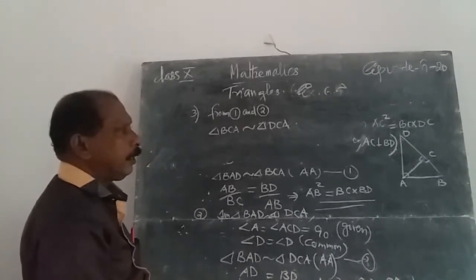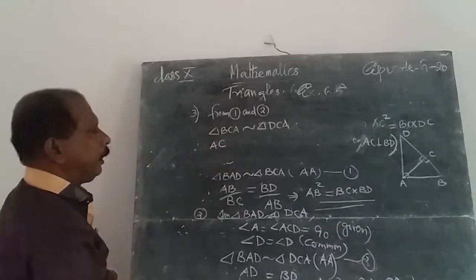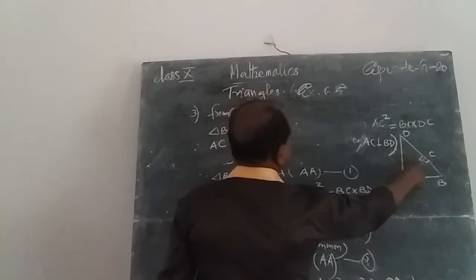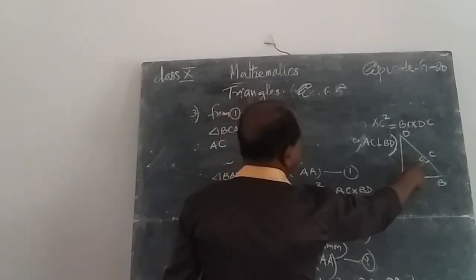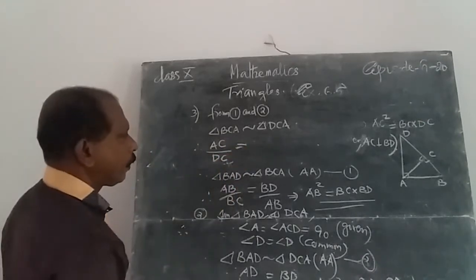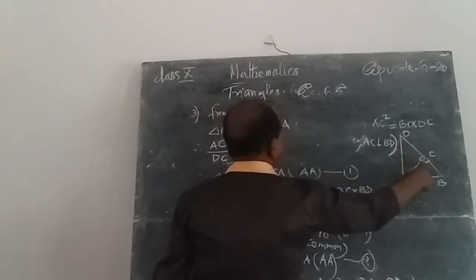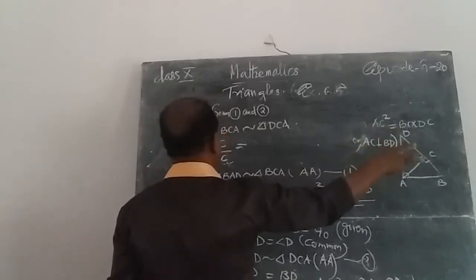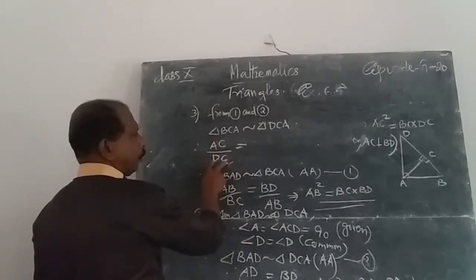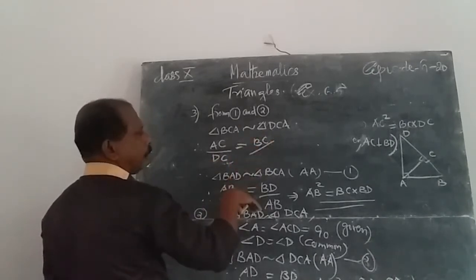Therefore, AC, the altitude of the first triangle, by DC, the altitude of the second triangle, is equal to the base of the first triangle BC by the altitude of the second triangle AC.